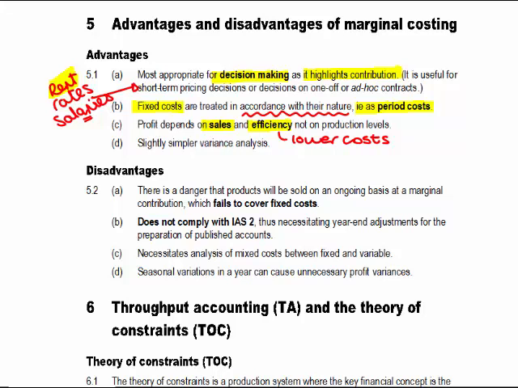What we saw with absorption costing is that it was possible to build inventory and in doing so make our profits much higher for that current period by taking effectively costs into the next period. So that profit manipulation isn't possible under marginal costing. And we'll also see that when we do some variance analysis, it's slightly simpler.